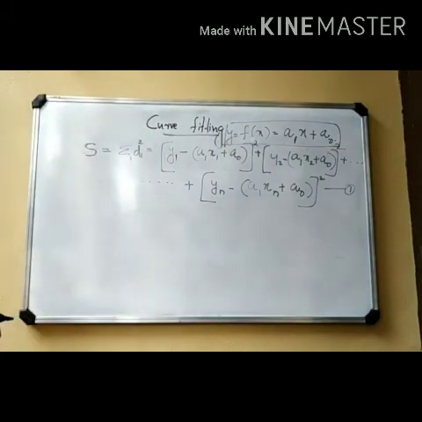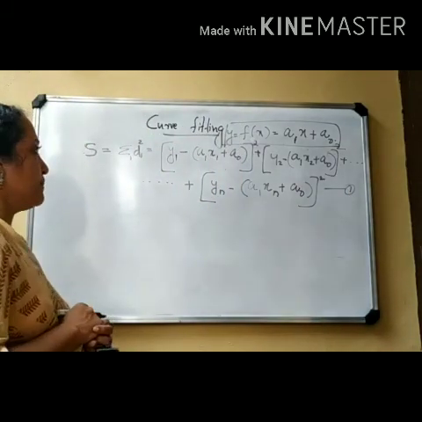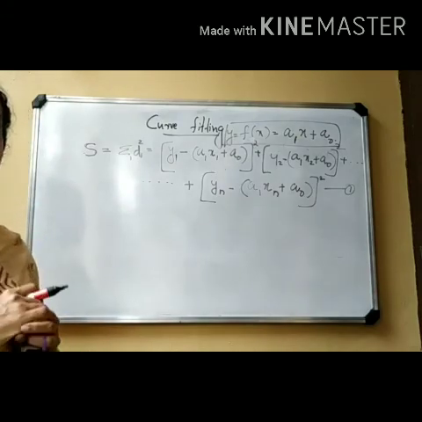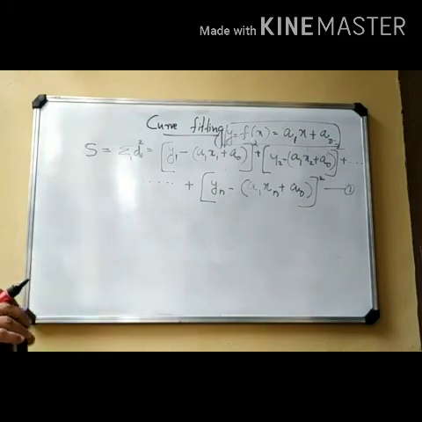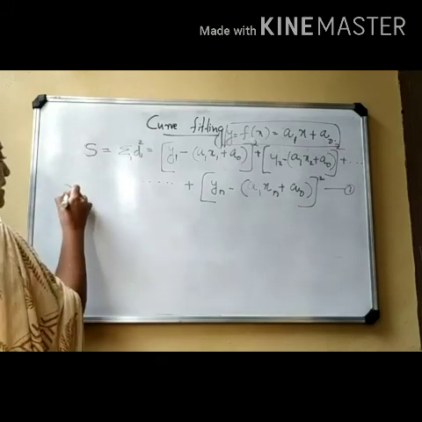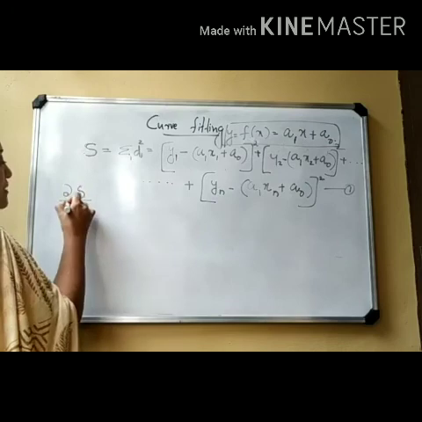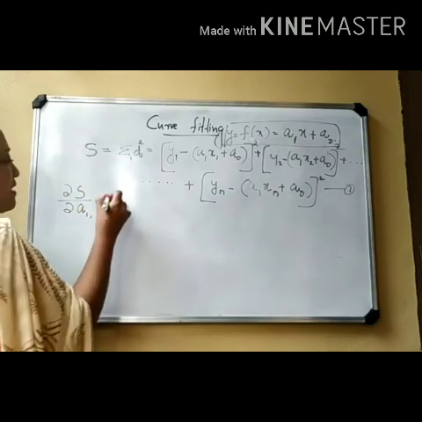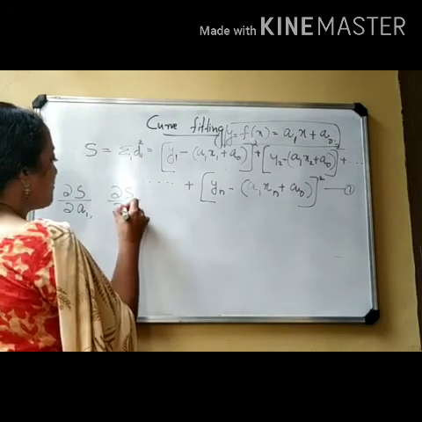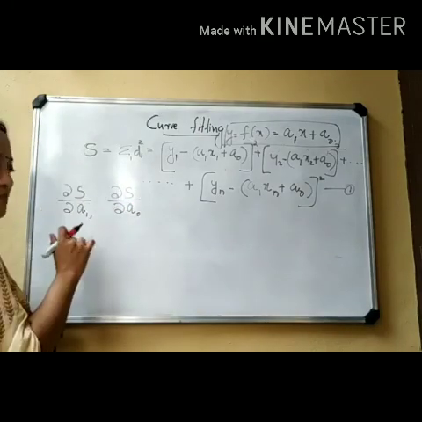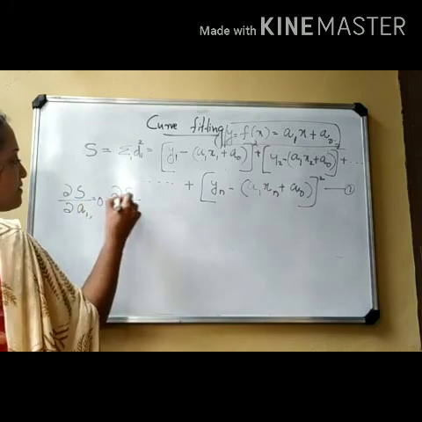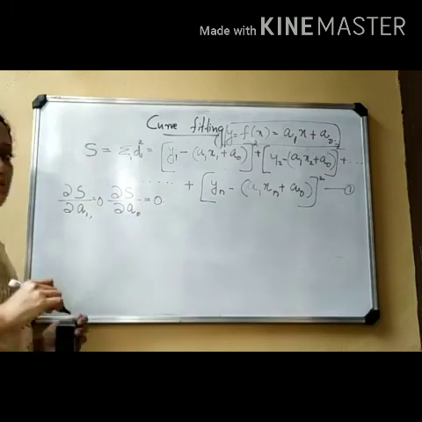So this is the value of the sum of the squares of the residues. So in least square fitting we have to make this a minimum. For this we will be taking the partial derivative of S with respect to a1 and the derivative of S with respect to a0. If S is to be a minimum, both these derivatives should be equal to 0.